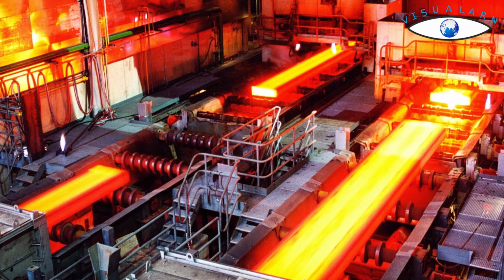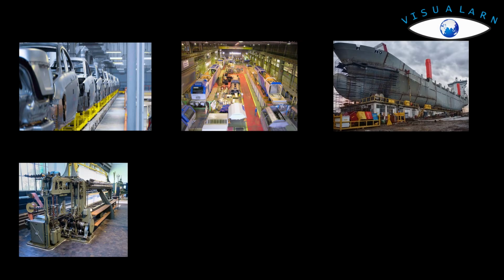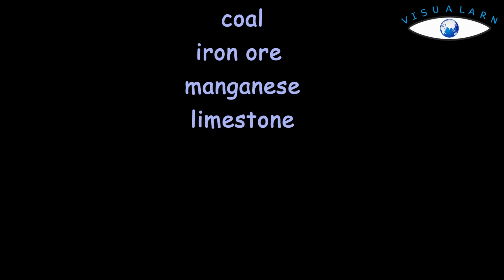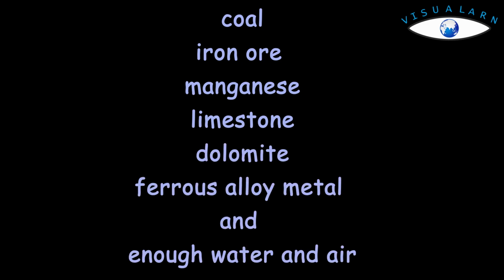Most of the subsidiary industries such as automobile, locomotive, shipbuilding, machine building, coal tar, and chemical industries are directly linked with the iron and steel industry. The modern steel industry requires coal, iron ore, manganese, limestone, dolomite, and enough water and air.